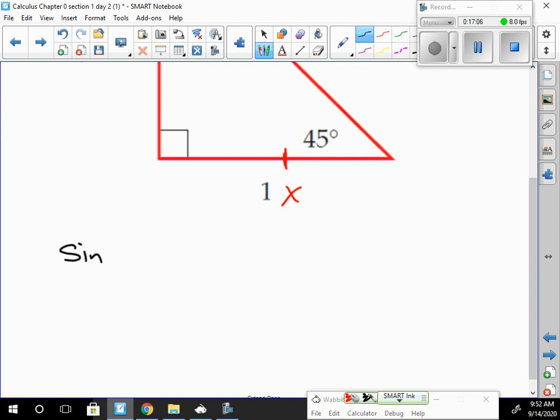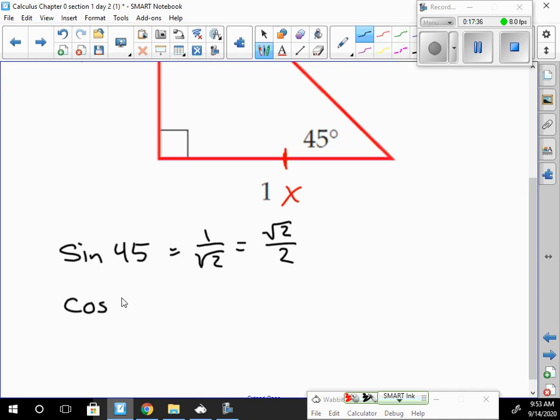Sine of 45. Well, which 45 do I pick? Doesn't really matter, the exact same things. So opposite over hypotenuse is going to give me 1 over square root of 2. That's right, you can't have a square root of 2 on the bottom, so we have to multiply by square root of 2 on top and bottom. Square root of 2 comes up on top, times 1 is square root of 2. Square root of 2 times square root of 2 on the bottom makes this just 2.